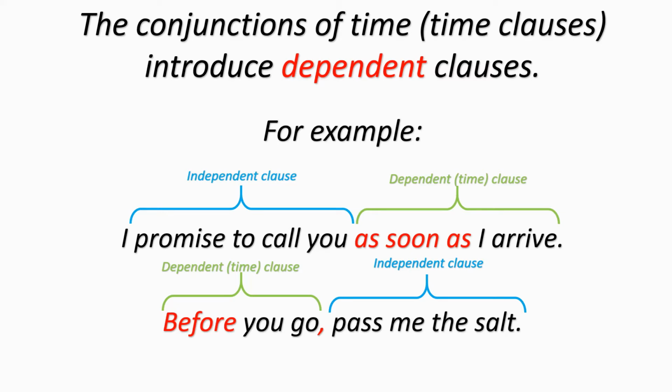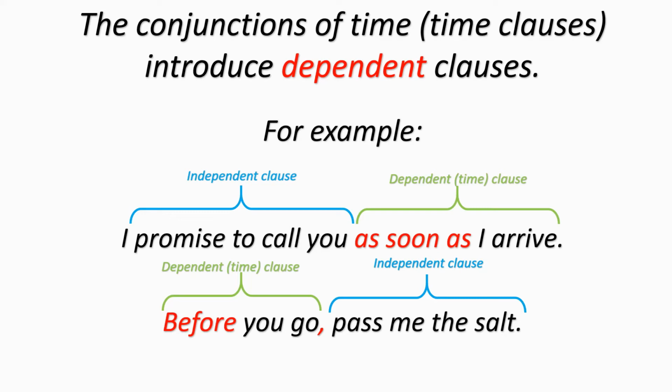As soon as I arrive, I promise to call you. That's the action after this. So we can write independent and dependent clauses interchangeably. We can write the independent first, or we can also write the dependent clause first.